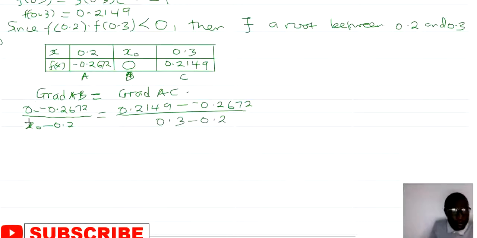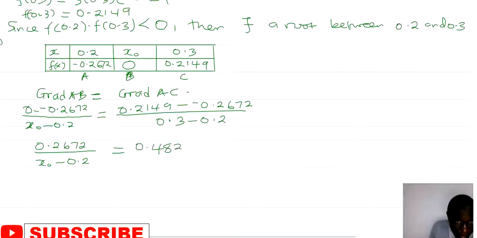So when we work on this, 0 minus negative is going to give us a positive 0.2672 divided by x0 minus 0.2 being equal to, when you subtract in the numerator, we shall get 0.4821 divided by 0.1. So we are going to cross multiply. When you cross multiply and multiply through everything, you shall have 0.4821 x0.